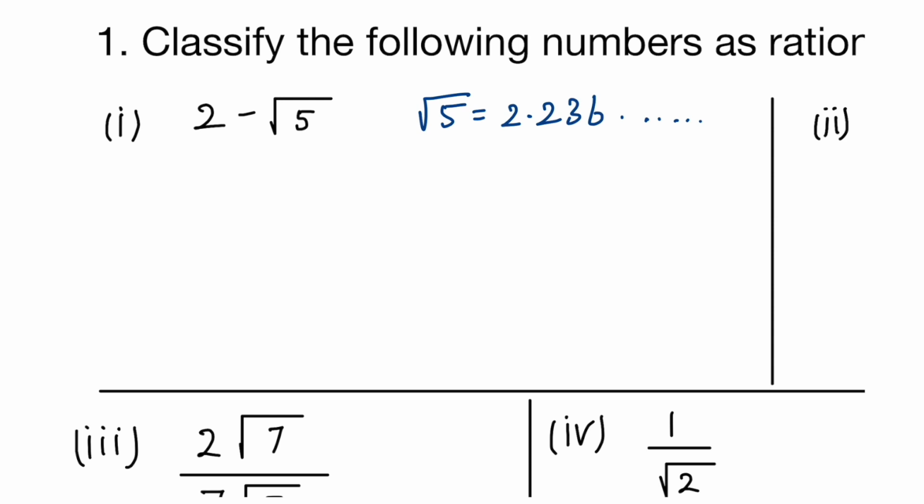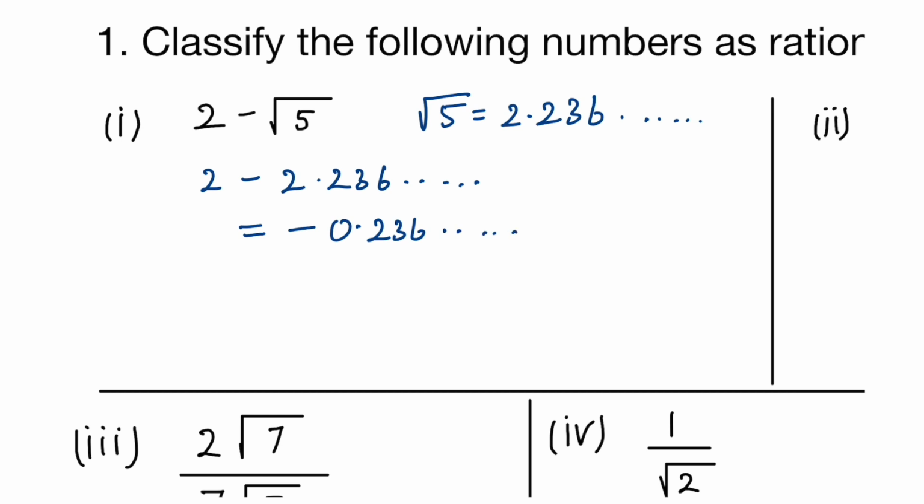Now, if you try to subtract this from 2, so 2 minus 2.236 and the number never ends, it keeps on going, you would end up with a number that is almost equal to negative 0.236, and it keeps on going, right?